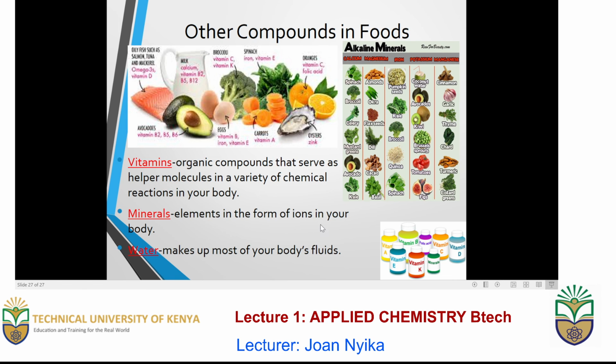And when we talk of applied chemistry with relevance to carbon, we have seen that the various macromolecules, that is the carbohydrates, the lipids, the proteins, and the various nucleic acids, are very important in various applications of life. They make up part of human beings. And as we are seeing in the case of carbon, the various vitamins and minerals also form an important part of what we eat and what we are.